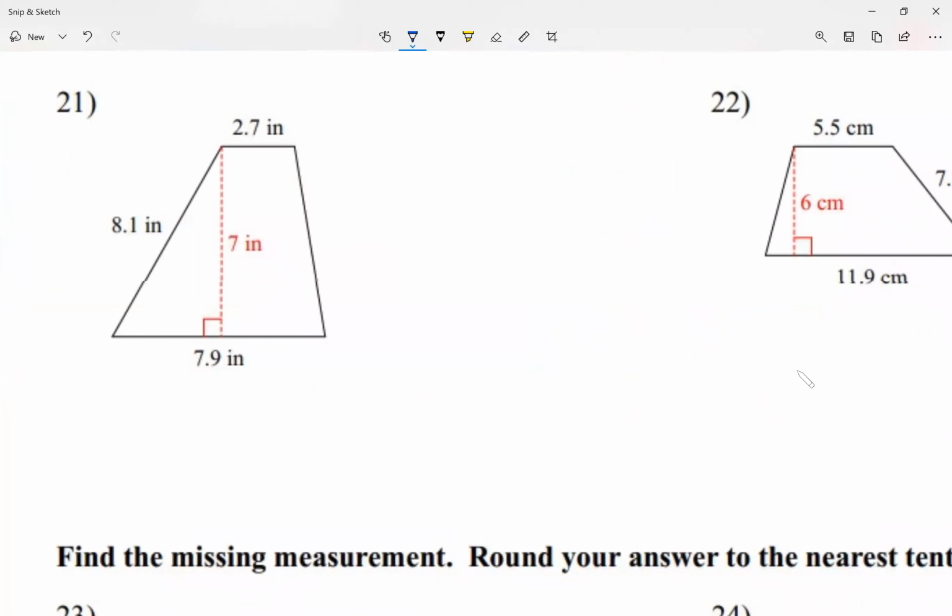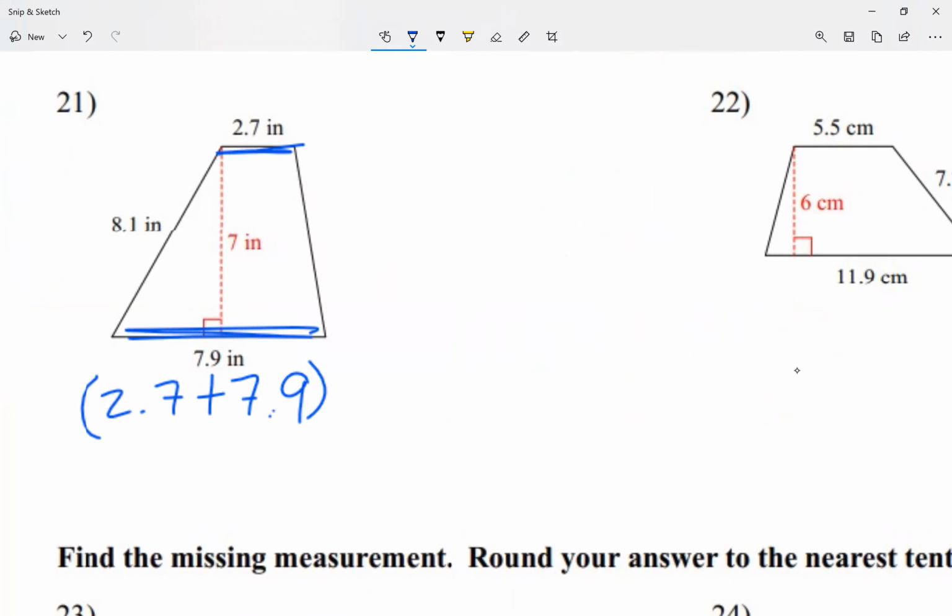Now here, my two bases are 2.7 and 7.9. So I'm going to go 2.7 plus 7.9. That's adding the two bases. Whatever I get, I'm going to go 7 divided by 2, right? The height divided by 2. This 8.1 is a number I don't have to use.